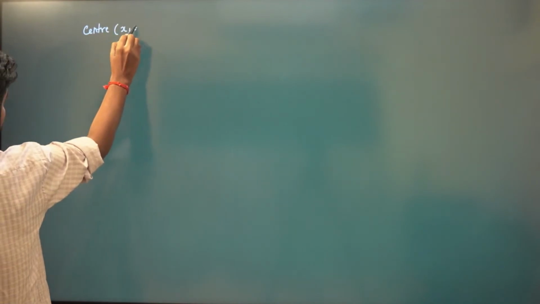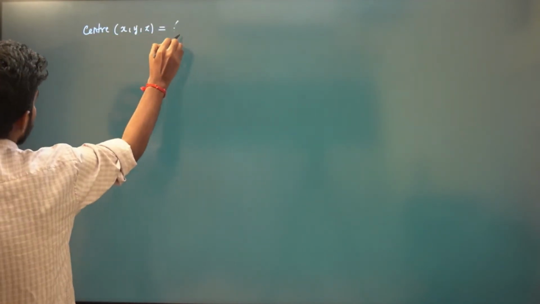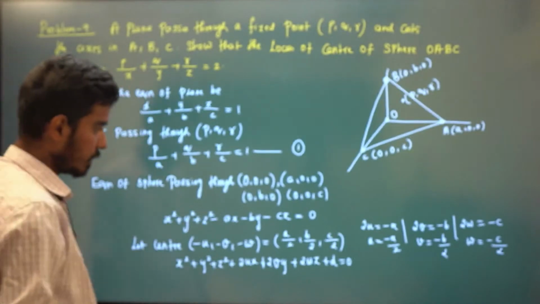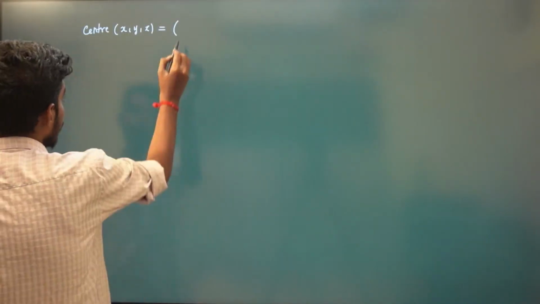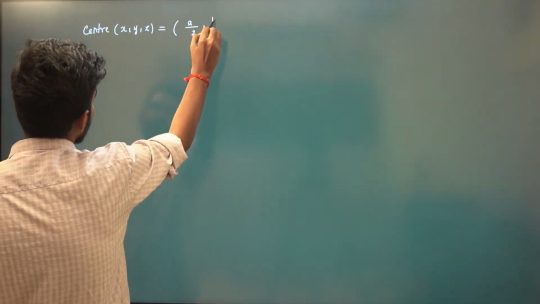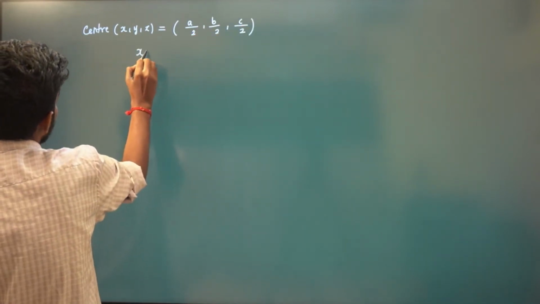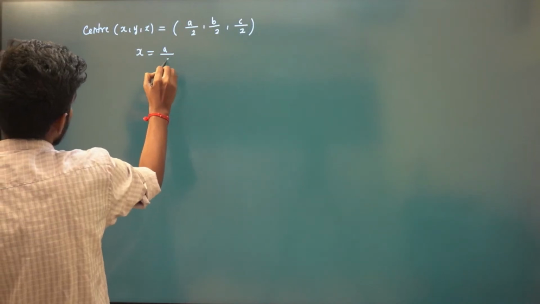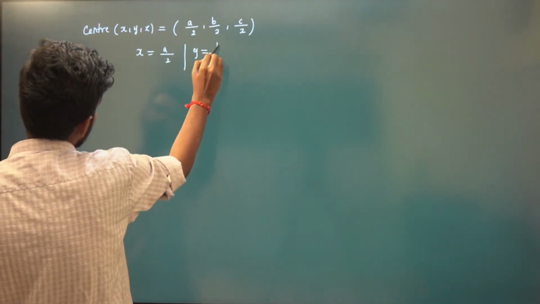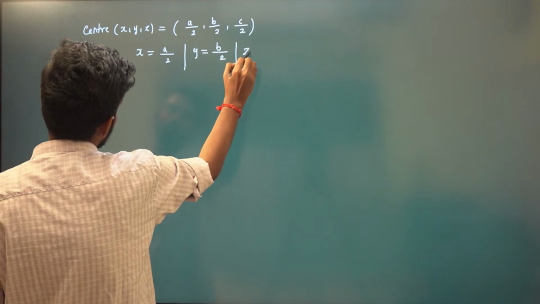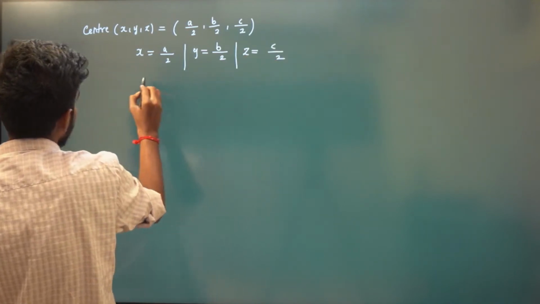Let us say the center on the locus is x, y, z. What is the center? It is a by 2, b by 2, c by 2. So compare this, we will have x is equal to a by 2, y is equal to b by 2, z is equal to c by 2.